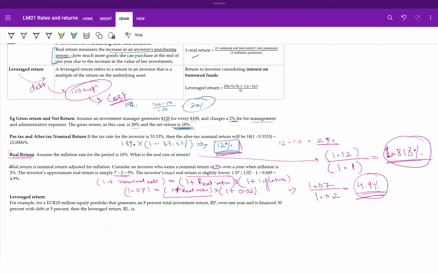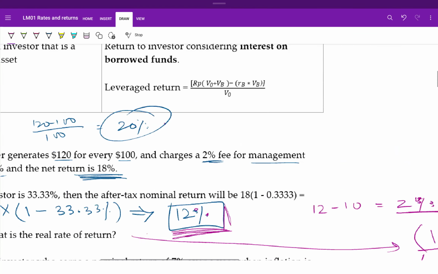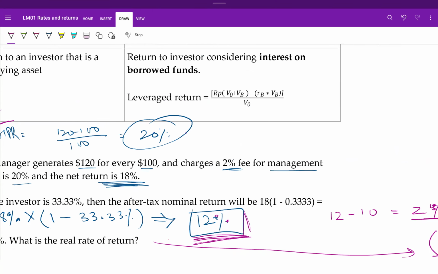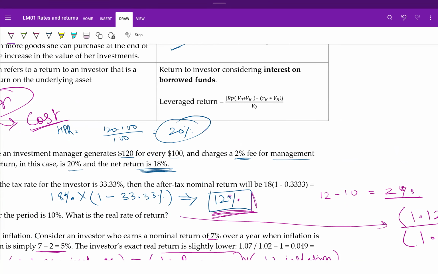If half of the money invested is borrowed, then the gross return for the investor would be double. They will be calculating on their own money, not on the borrowed money. So the return will be calculated on the equity, not on the debt.